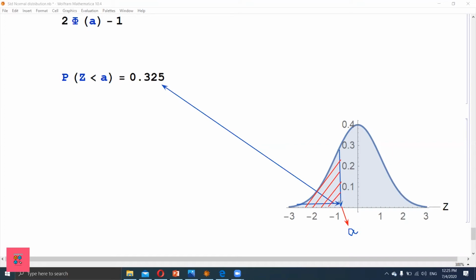Now I am shading this area, and this shaded area is represented by capital phi. We use the area table in which probabilities are given, and the probabilities are always mentioned by capital phi. Area and probability are the same, both represented by capital phi.